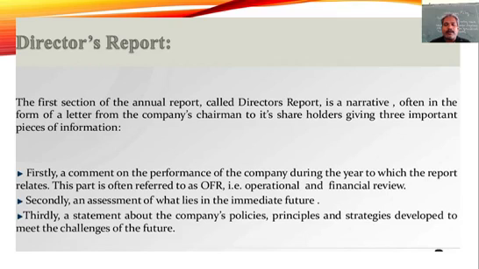This part is often referred to as OFR, that is, Operational and Financial Review. Secondly, the assessment of what lies in the immediate future. Thirdly, a statement about the company's policies, principles, and strategies developed to meet the challenges of the future.